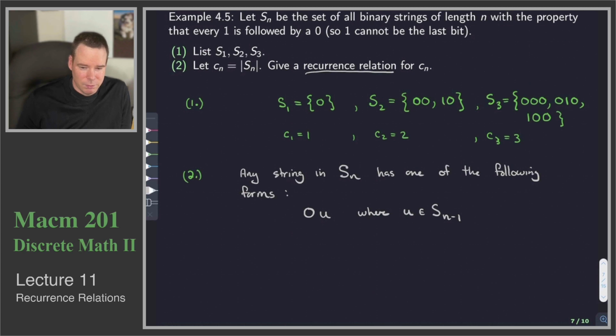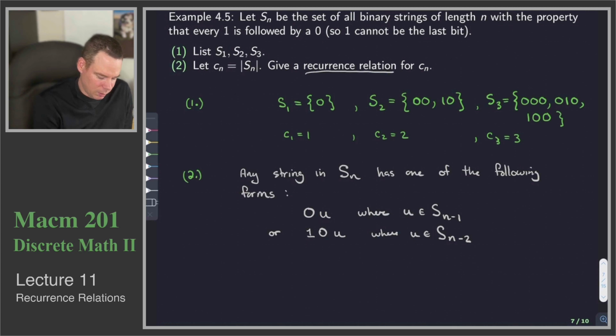It'll be 0 followed by a string of length n minus 1 with that given property. Or our string is going to start with a 1, in which case it must immediately be followed by a 0. And then after that, it could be a string of length n minus 2, where every time a 1 appears, it's followed by a 0. And so those are the two cases that we have.